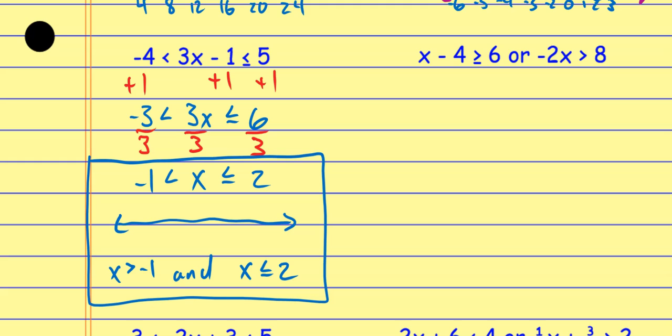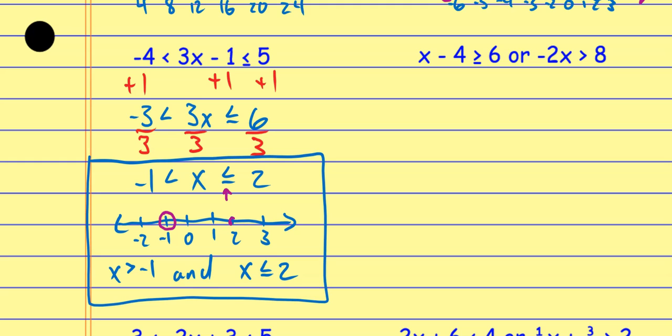And see, again, the thing I really like about that top version is it's much easier to graph. I say, hey, the x is literally in between a -1 and a +2. So -1 gets the open dot, so you know equal to condition.